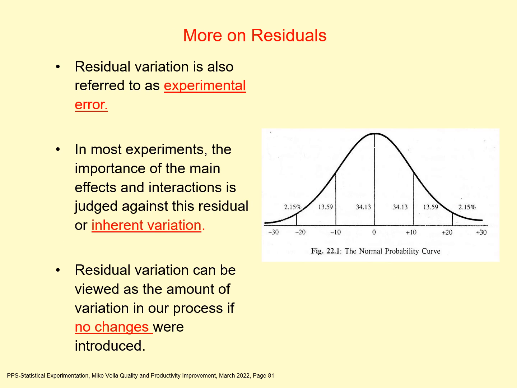Residual variation is sometimes referred to as experimental error. In most experiments, the importance of the main effects and the interaction is judged against this residual or inherent variation. Residual variation can be viewed as the amount of variation in our process if no changes were introduced. This variation is inherent and it's normal.